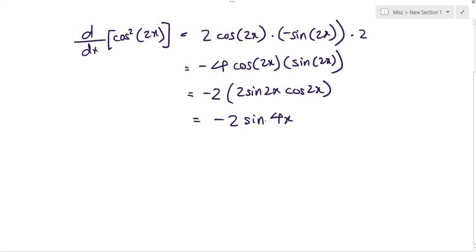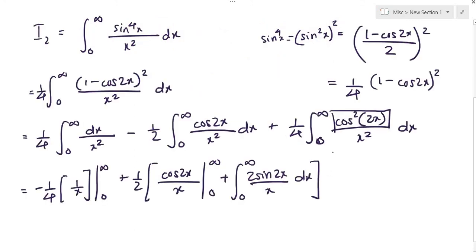So that's really good. So using integration by parts on the third integral over here, we'll have a negative 1 over 4 to compensate for the antiderivative, times cosine squared 2x divided by x evaluated from 0 to infinity, minus the integral of the derivative of the numerator.